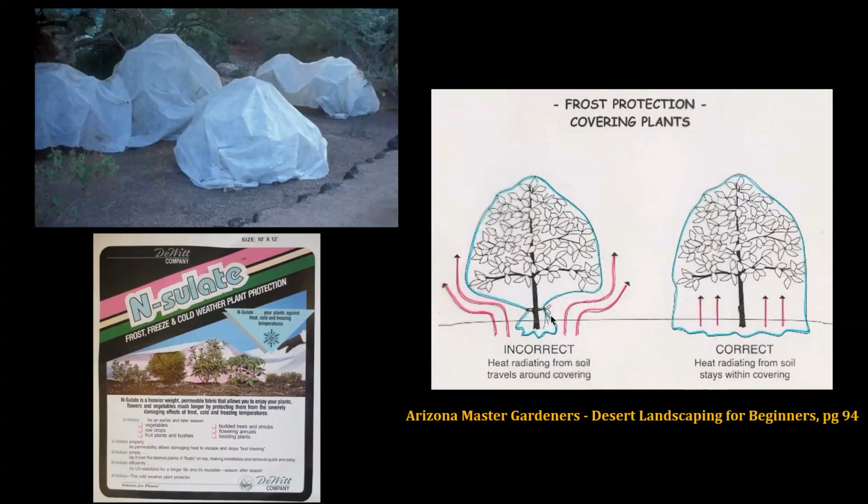You don't want to bunch it up and tie it to the stem of a plant. You'll be losing that radiating heat that you could take advantage of overnight. But you do want to make sure that it's secure with rocks or landscape pins so that it won't flap off if we do have wind. Advantage of this is that you can leave it on for a few days or even a week.